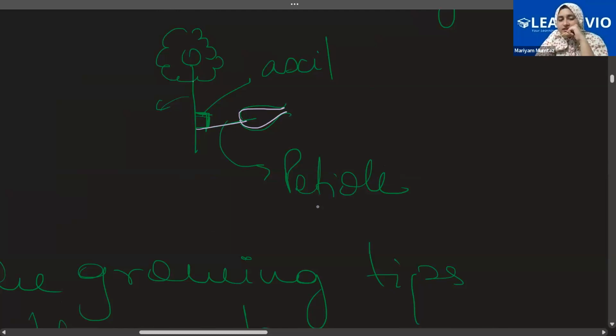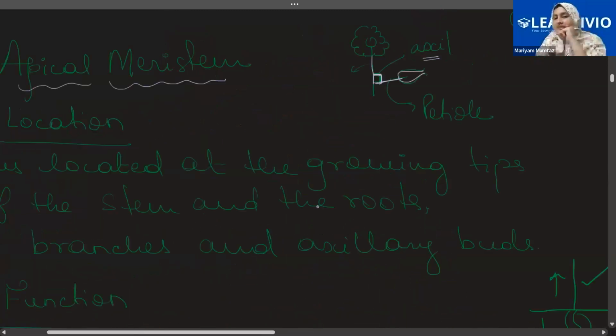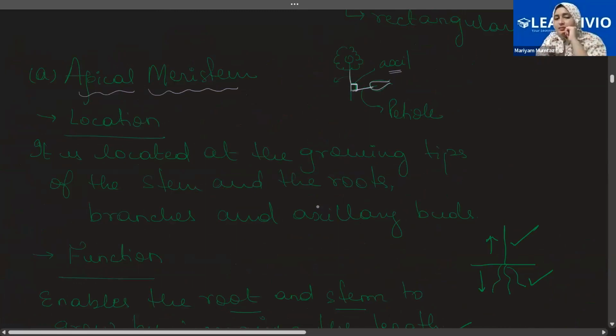This is the stem, and from where the leaf is arising, it is making an axil, sort of like a 90-degree angle. So the bud that will be present in the axil will be called the axillary bud. So at the tip of axillary bud also the apical meristem is present.